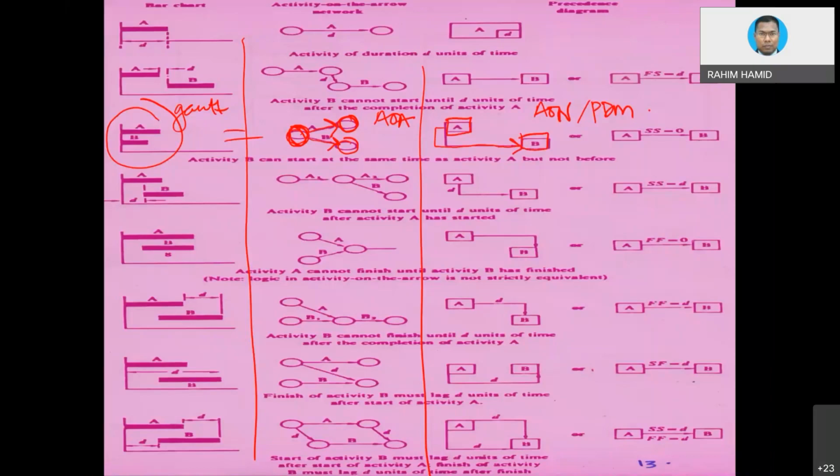When A starts, remember the left side of the box indicates start, S, and the right side of the box indicates finish. So start and start. You see, there is a concept of relationship. We have not gone into that yet. Never mind. The way we draw in graphic form, if you understand the concept, then you know, oh, A and B start at the same time.